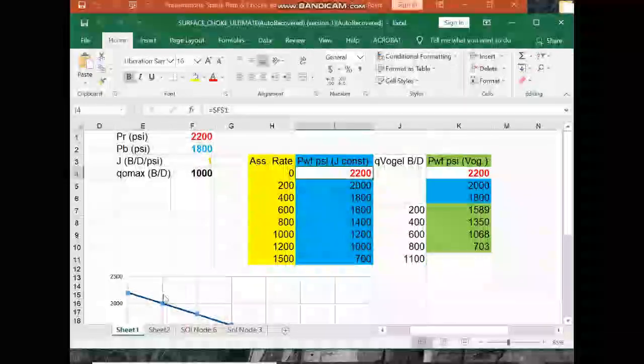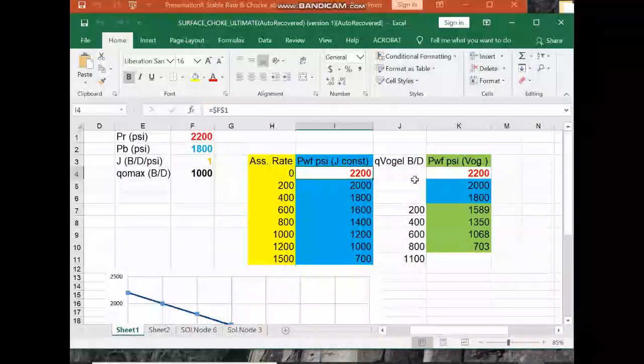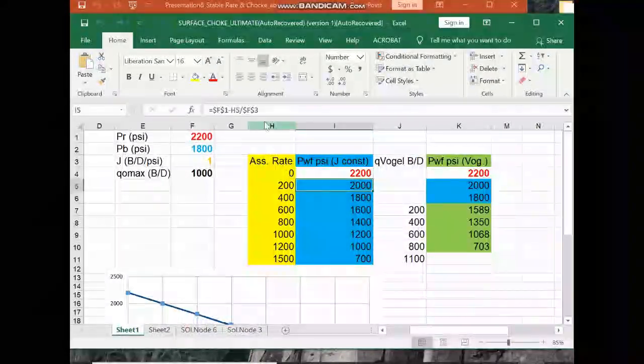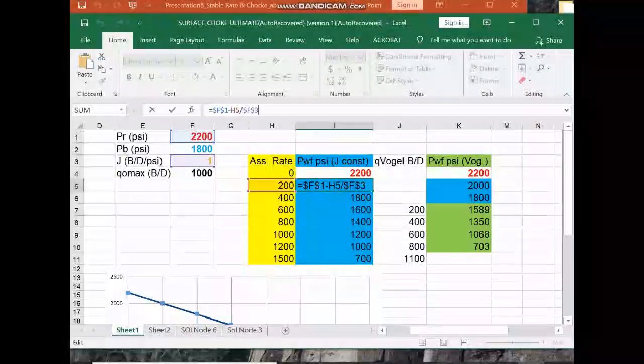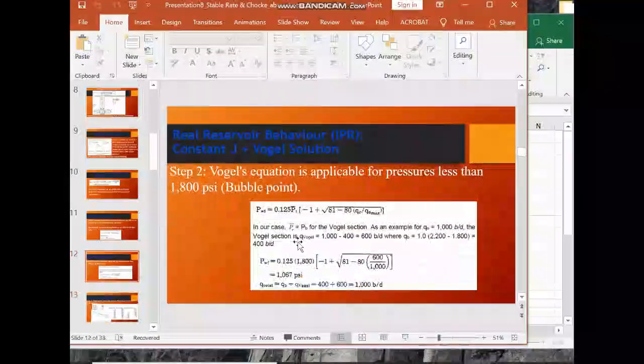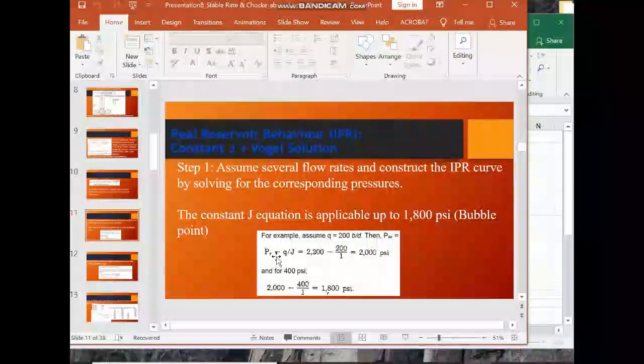So the origin of this curve. And then after we produce 200 barrels per day, we use the J constant formula, which I showed you before. It's basically, you take PR minus Q divided by J. You find the well flowing pressure.